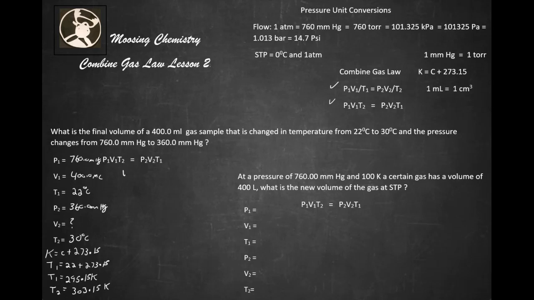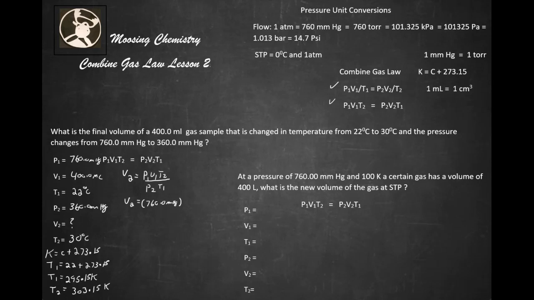So we're going to isolate for V2. V2 equals P1 V1 T2 over P2 T1. Sweet. All right, so now we're going to go ahead and put the numbers in.